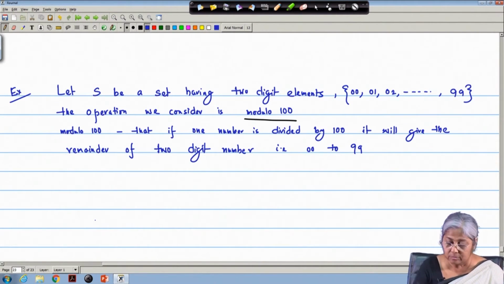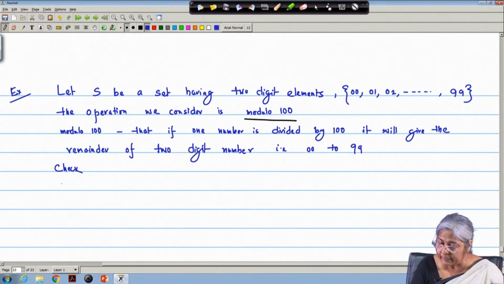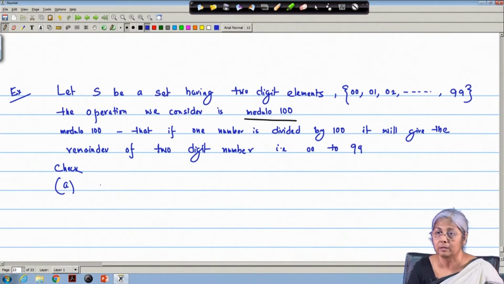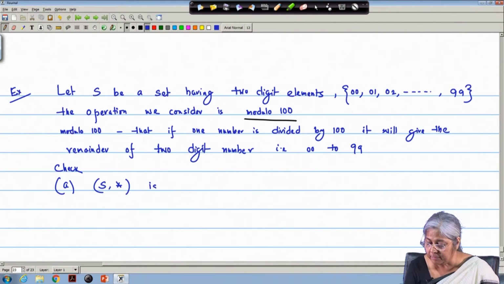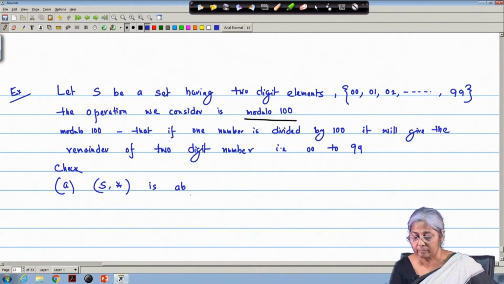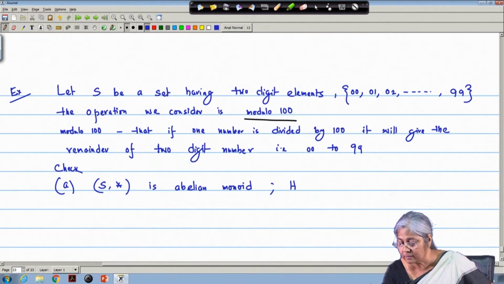Now we have to check the following. First, whether A star is an abelian monoid.